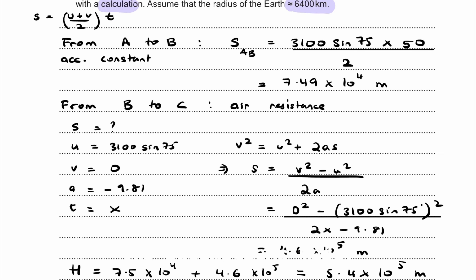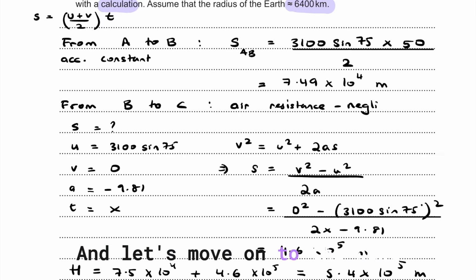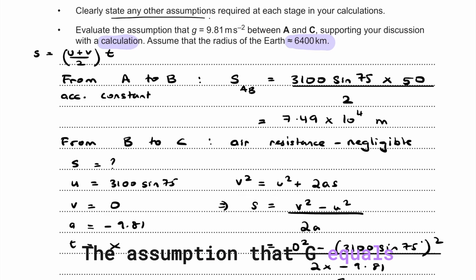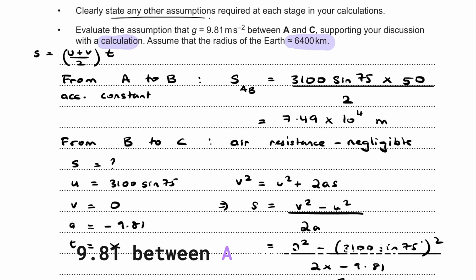So those will be the two assumptions made. And let's move on to the next one, where we have to evaluate whether the assumption that g equals 9.81 between A and C is truly accurate, given that the radius is 6,400 kilometers.